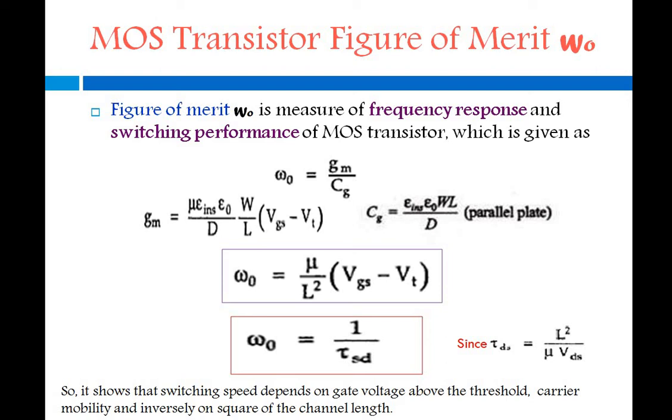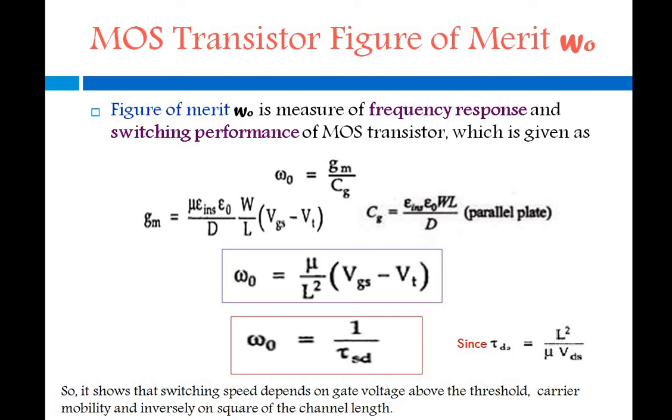If you have a MOS transistor, how much frequency response you are getting, plus how much switching performance, depending upon the voltage given or the threshold voltage, how switching speed is done, how the switching performance of your MOS transistor is done, that is all calculated by using your figure of merit.